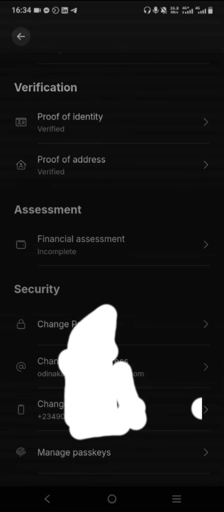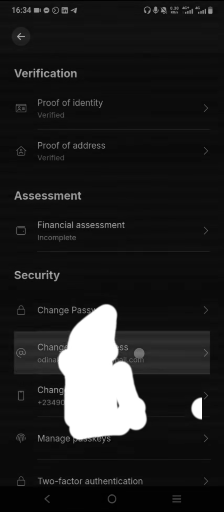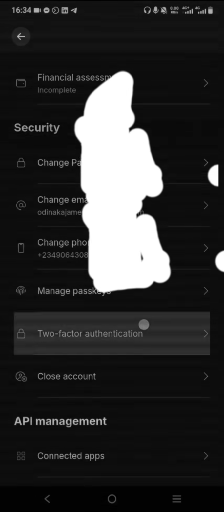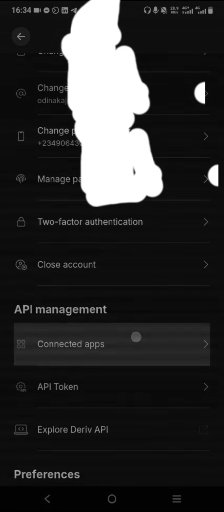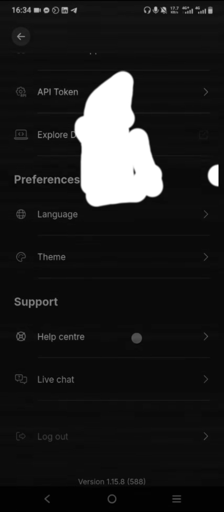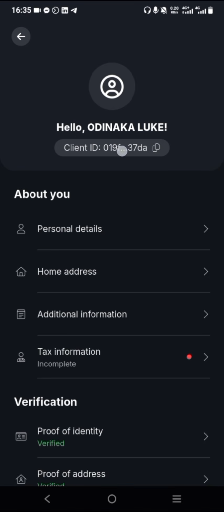If you have verified, it will show your proof of identity. If it is verified, it will show your proof of address, assessment, financial assessment also, security, API management, preferences, and then finally the support system. So this is in your profile. Now let's go back to the dashboard.